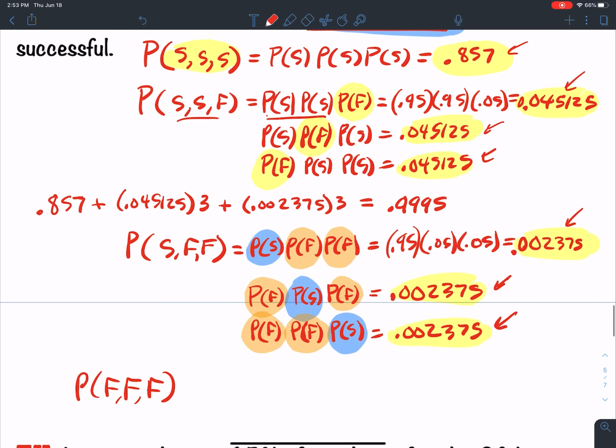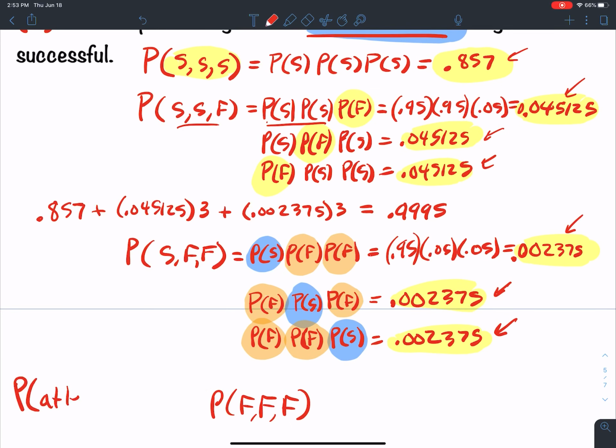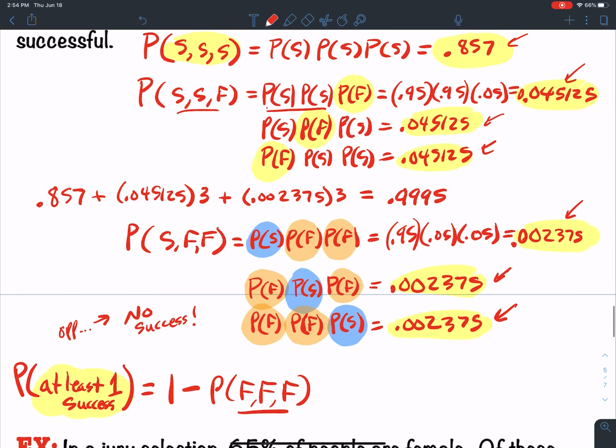This is where the complement rule can help you out, okay? So how does the complement rule help you out? The probability of at least one success is equal to 1 minus the probability. Well, what is the opposite of at least one success? The opposite, the complement, is no successes. Okay? No successes is 3 failures, which we found to be 1 minus 0.000125.